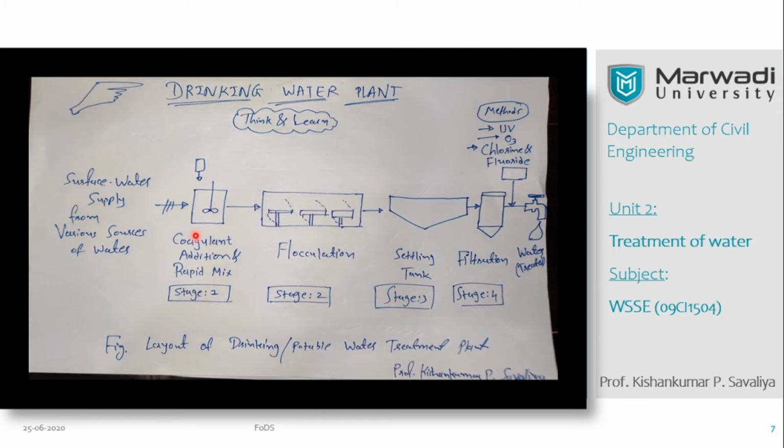This coagulant will attract the small particles towards it and form a bigger particle. That is the job of the coagulant. And after adding the chemical to this tank, we are mixing it very rapidly in stage 1, so that the coagulant is equally distributed throughout the tank. So, this is stage number 1.